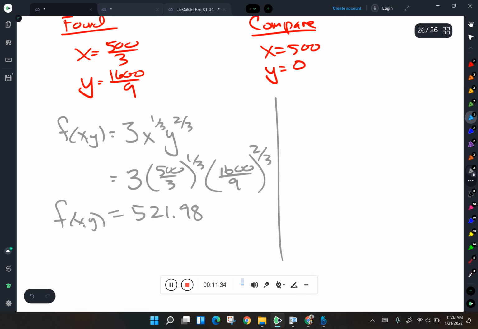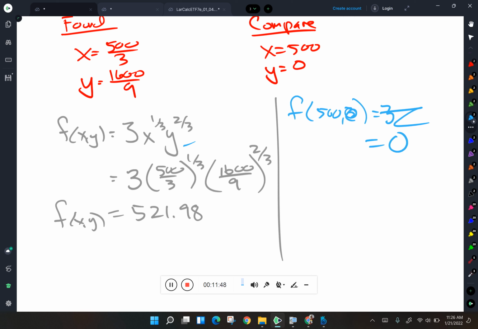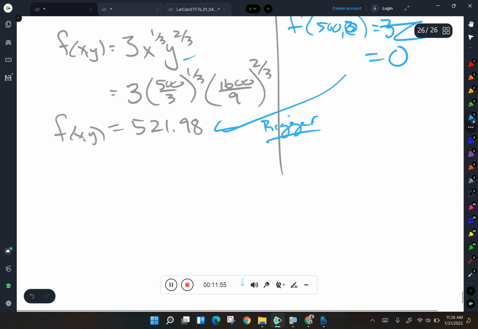Now I'll do the same thing over here for my compare point. f of 500, 0 is just going to be 0 because of that y term right there. All right, so that's bigger. So I know that I found a maximum.